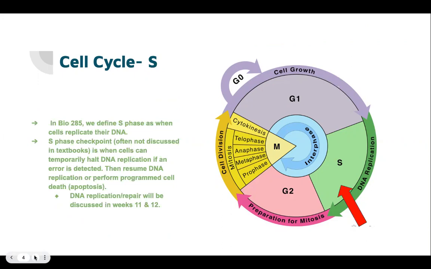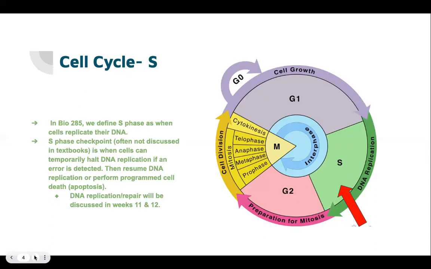So after it's gone past G1, the cell will be in the S phase, and this is the part where all of the DNA replication is happening, because remember, the cell only has one copy of its DNA. And so it'll make a duplicate so that it can split off later on, potentially, into two cells.